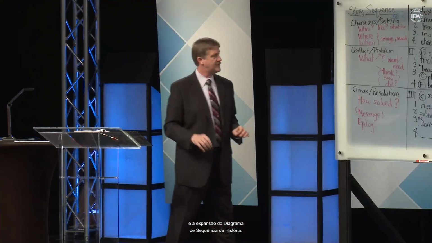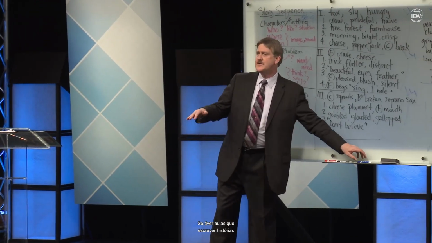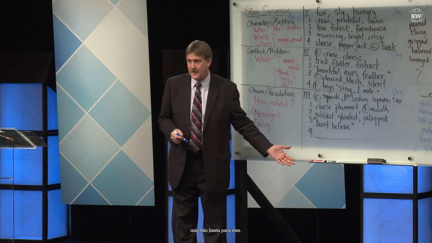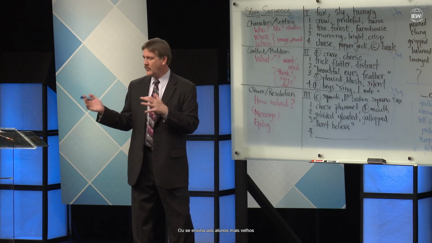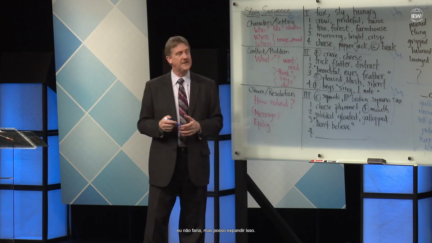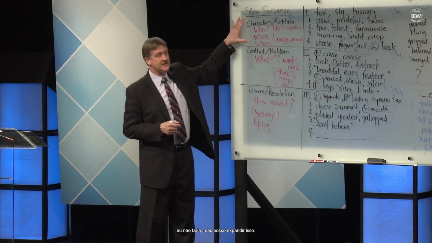Another thing you could do is an expansion of the story sequence chart. If you have students who love to write stories and want to write longer stories, this is just not enough for them. Or if you're teaching older students and you want to force them to write longer stories, I wouldn't, but you might, you can actually expand this.